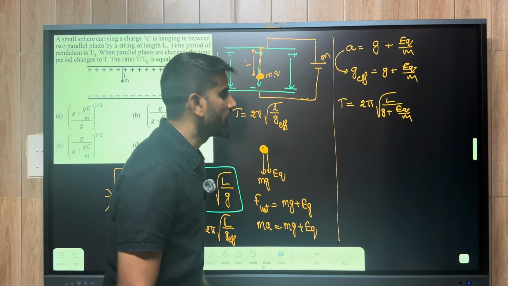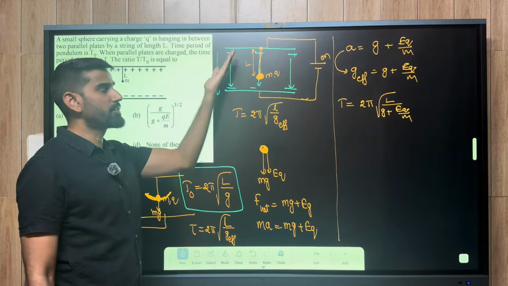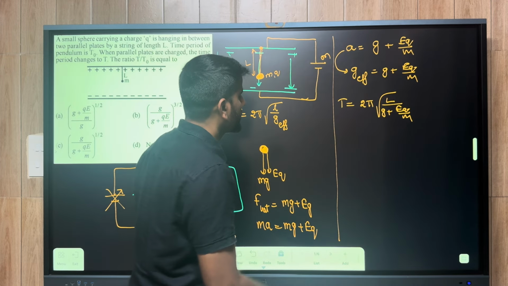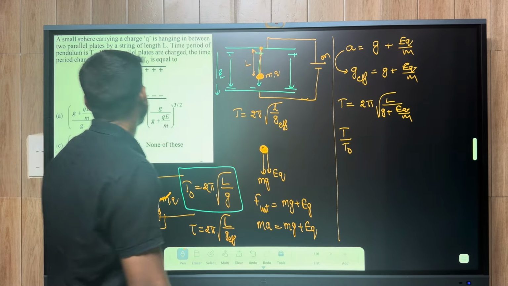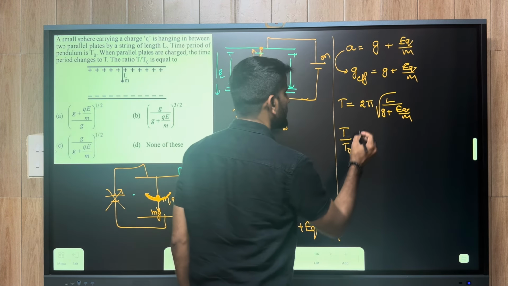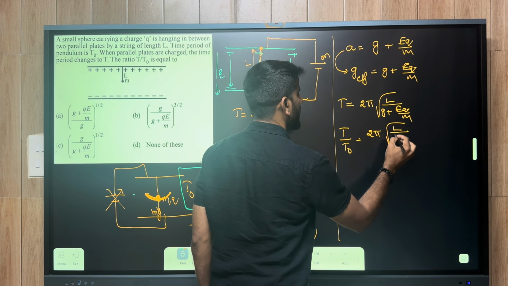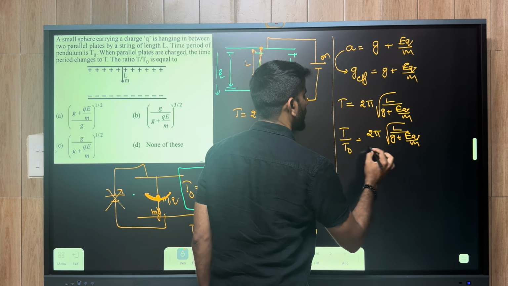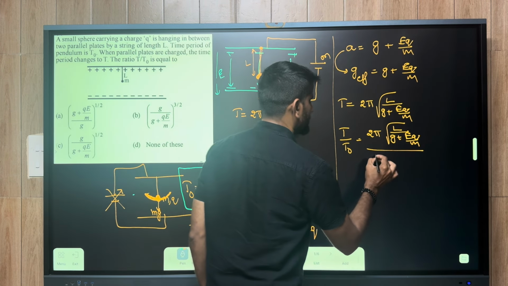Now, we are not asked to find the time period of the pendulum when the plates are not being charged. We are asked to find the ratio T by T naught, I guess. We know T, which is 2 pi root over L by g plus Eq by m, whole by T naught, which is here 2 pi root over L by g.